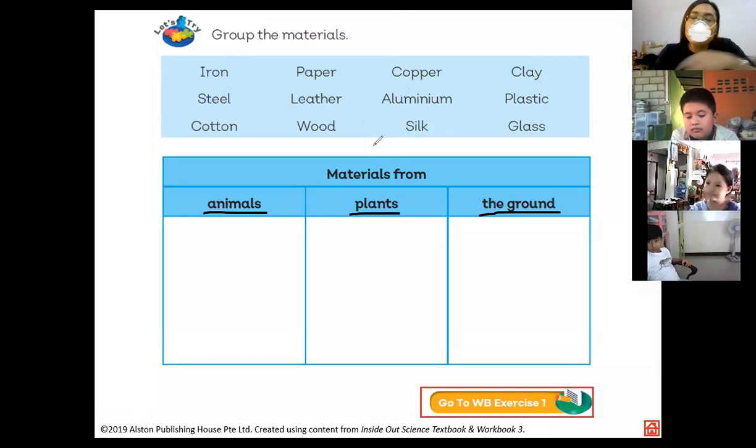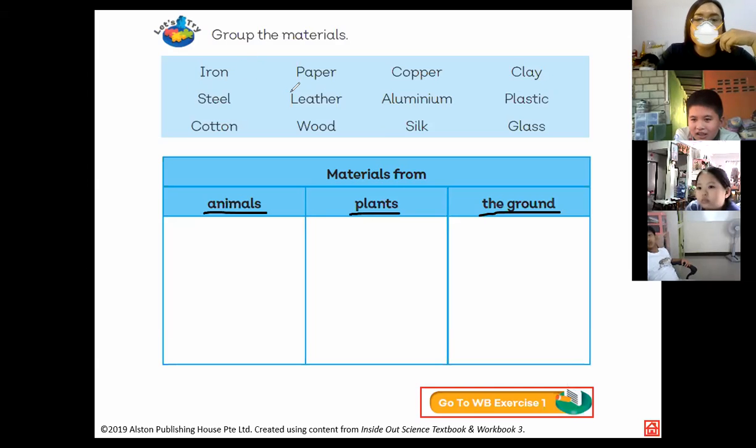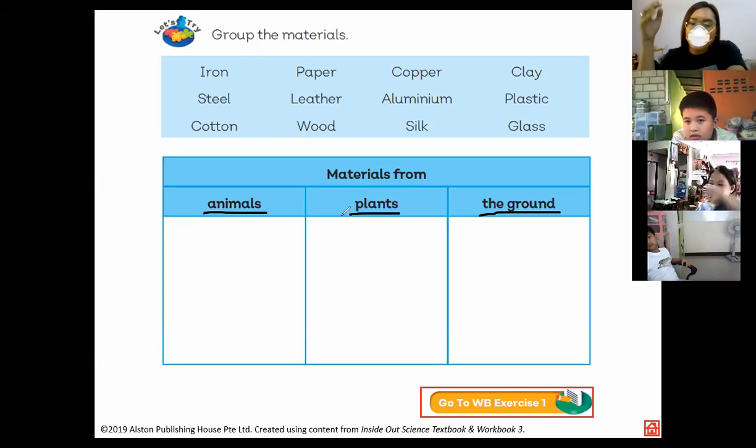So what we're going to do here is group these materials according to the main materials where they're coming from. Okay, let me give you an example for the ground.